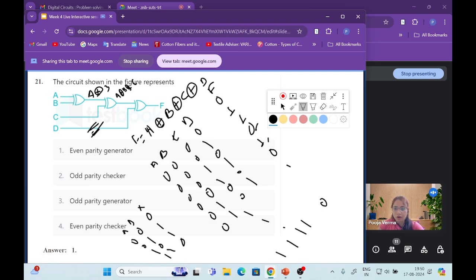And similarly for an odd parity generator, the output is 0 when there is an odd number of ones. For odd, if there is an odd number, only C is there, in that case the output will be different. Here it will be 0, then here it will also be 0, then here it will be 1. So it is an even parity generator circuit, because the inputs are XORed.